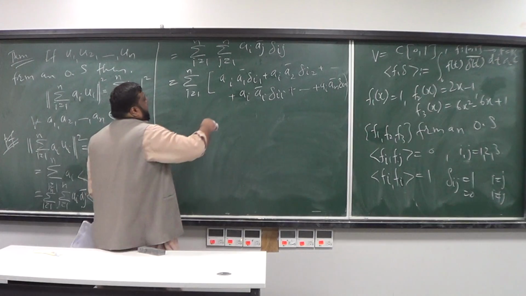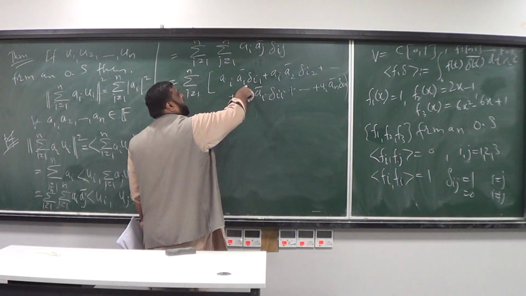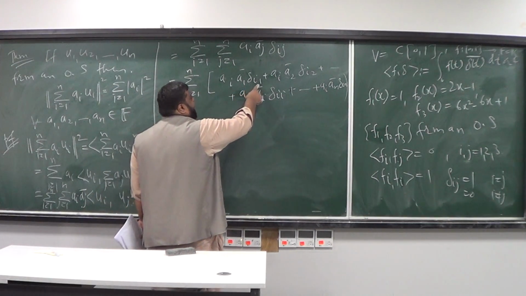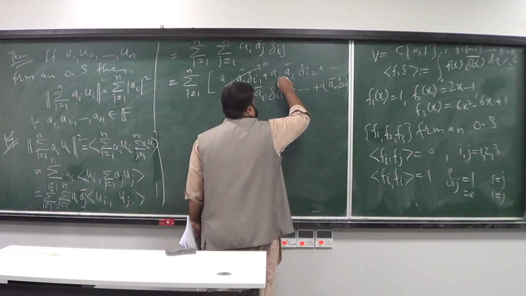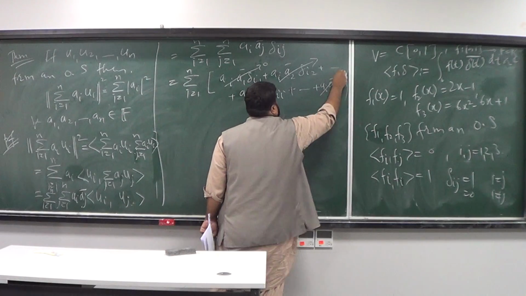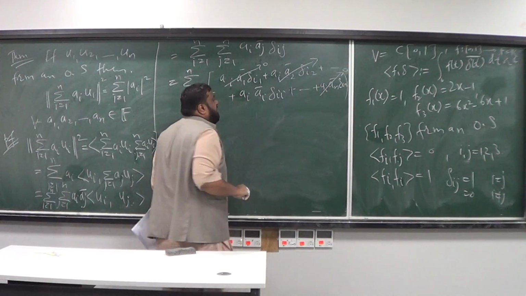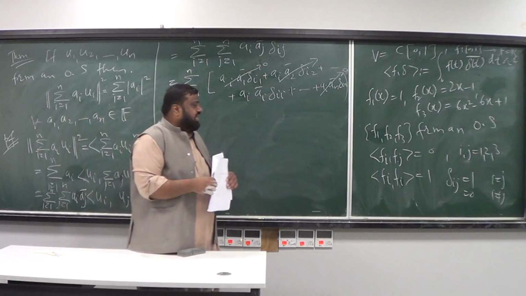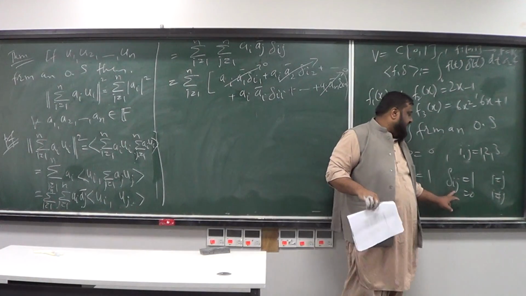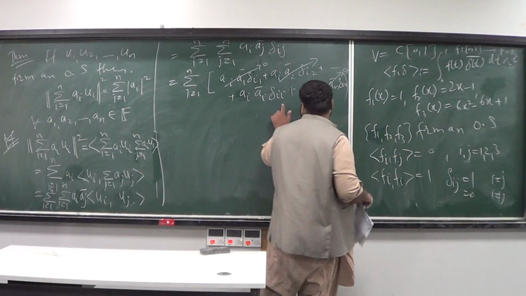Now, since i is different from 1, the delta i1 would be 0. So this term will go away, this term will go away, all other terms will go away except this term. The delta ii is equal to 1, because if the two indices are equal, then this is 1.